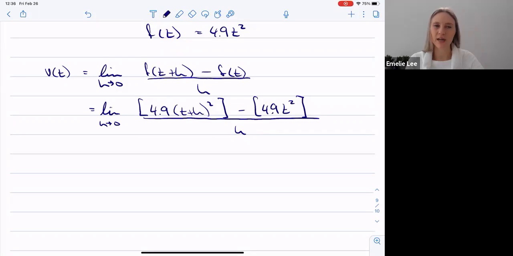It looks reasonable enough. We've dealt enough with these difference quotients to know that once I expand this out, things are going to cancel, and then I'm going to be able to cancel an h, and everything's going to be fine. They are a lot of work, but it's just tedious. It's not hard. So we need to expand this out.